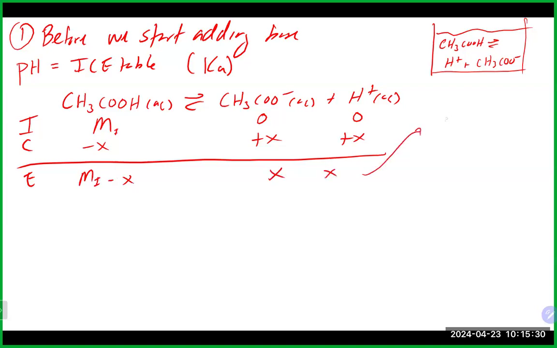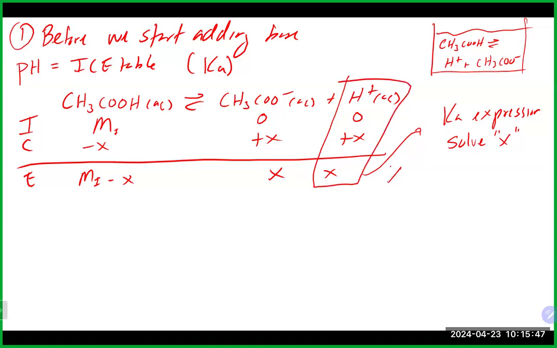We would go into the Ka expression. You would solve for x, by making an assumption, doing the quadratic, whatever you want to do there. When you do solve for x, as we can see from our ice table, x will equal the H plus concentration, and at that point you can then go into your pH equation.